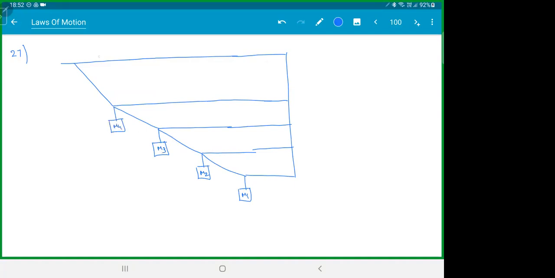So like this, we have strings attached to the different blocks, from a series of strings.